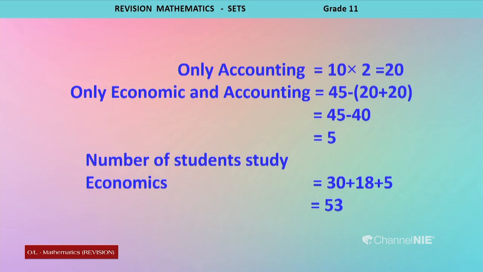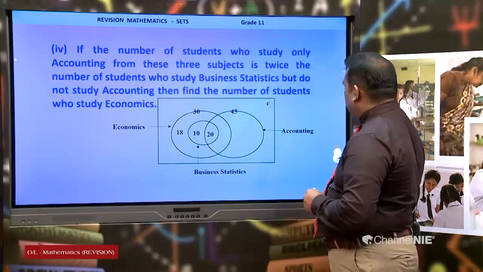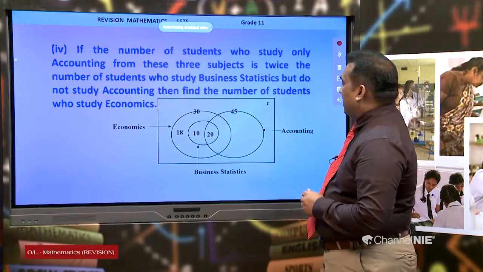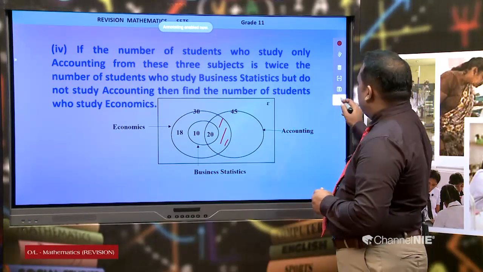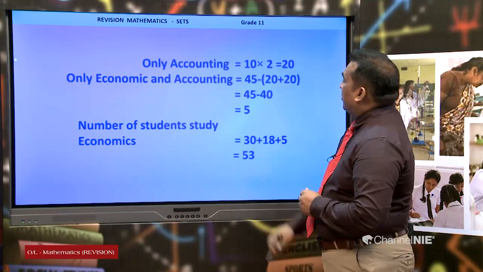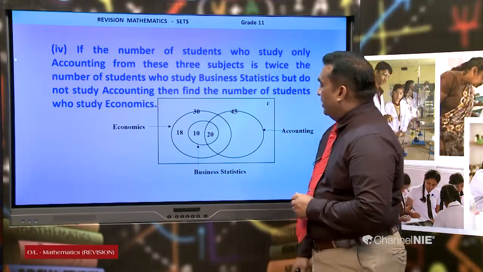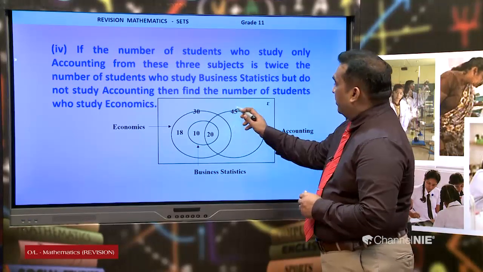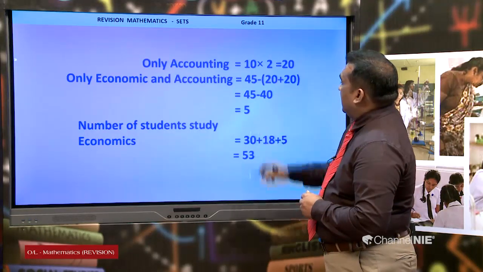Only economics and accounting, this one, no. 45 minus 40 is 5. We'll see it. That is 5.